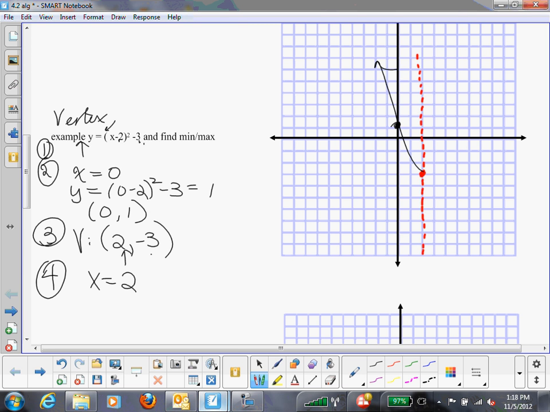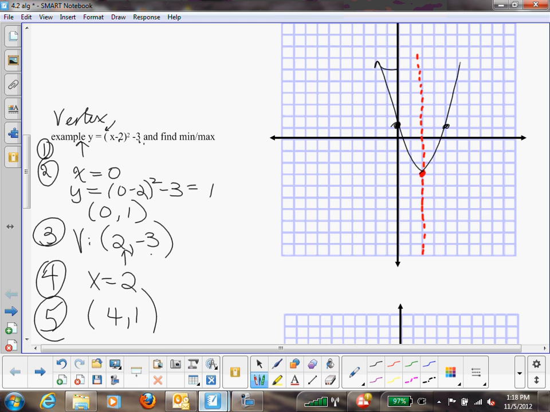So what is my reflection point? (4, 1). 1, 2, 1, 2, (4, 1). Is that making sense? Okay. Anybody got a question? (2, -3) is your vertex. (0, 1) is my y-intercept, and that's the one that gets reflected over to the other side.